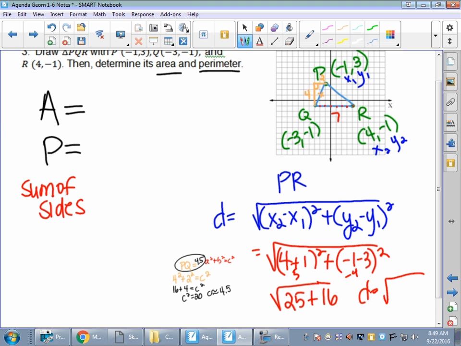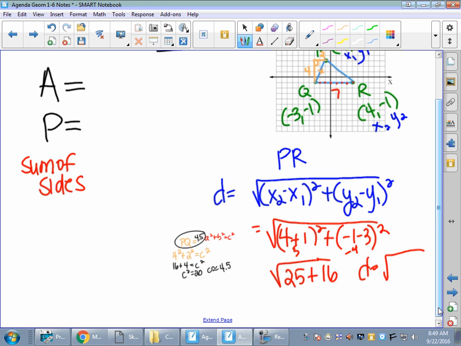Negative 4 squared is positive 16. So 25 plus 16 gives me, what is that, 41? And the square root of 41 in decimal form is going to be 6.4. So now I know this guy's 6.4.